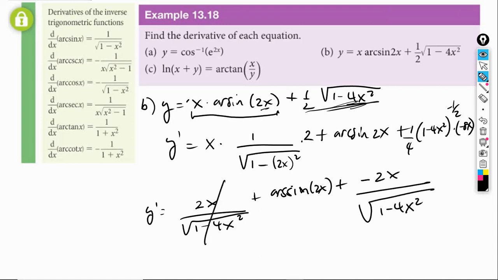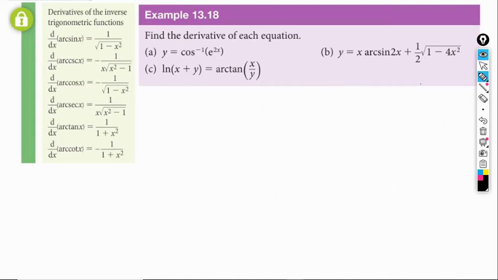So look at these two terms, they can cancel out. Therefore, we can conclude that the derivative of the expression for part B is going to be arc sine of 2x.